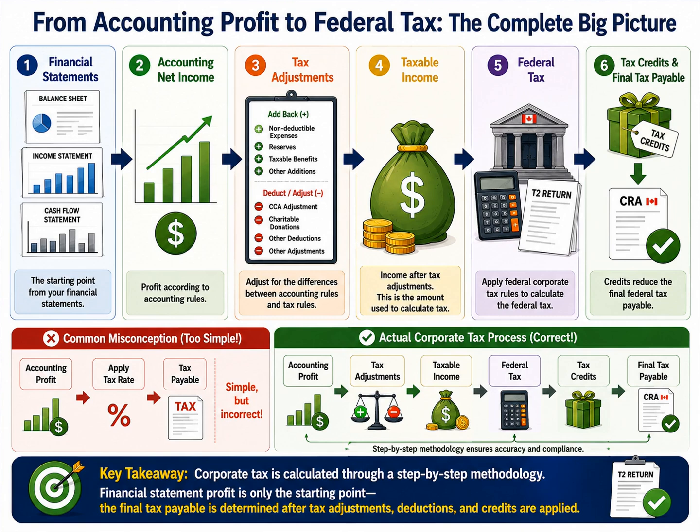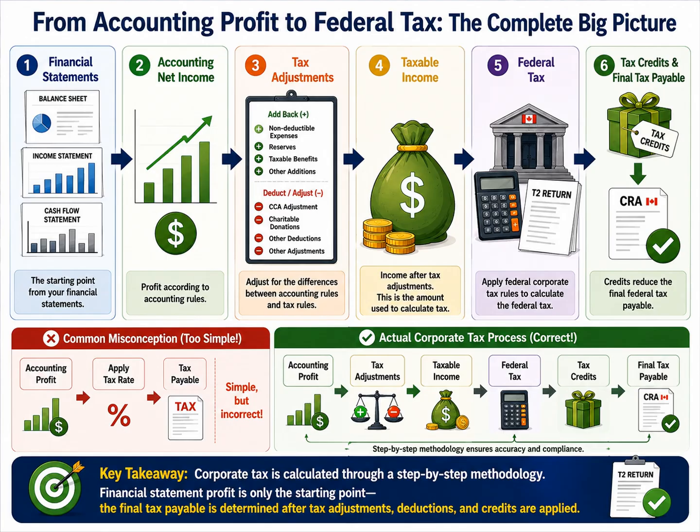While that may seem straightforward, it ignores the many adjustments and deductions required by tax legislation. The correct approach is to begin with accounting profit, make all necessary tax adjustments, calculate taxable income, determine the federal tax, apply available tax credits, and finally arrive at the corporation's federal tax payable.